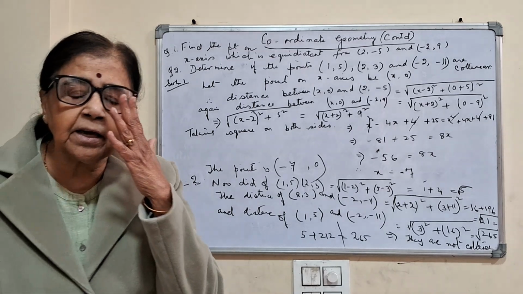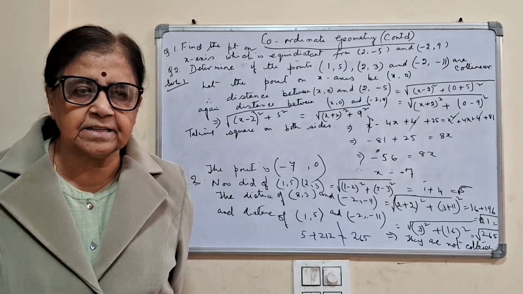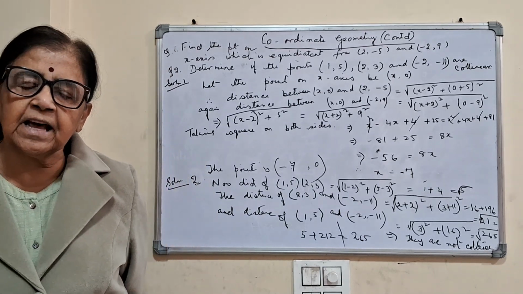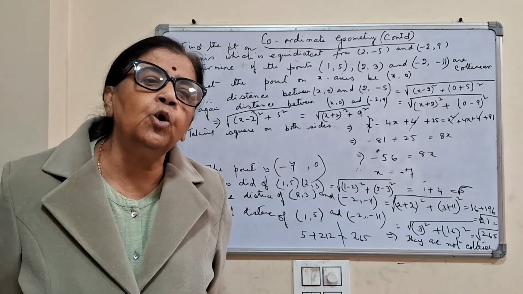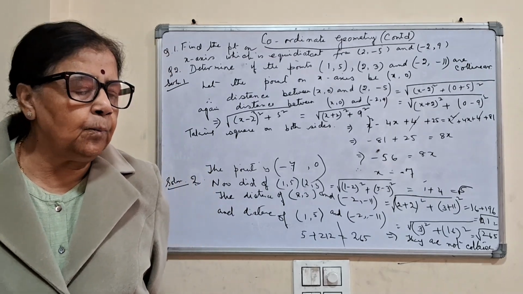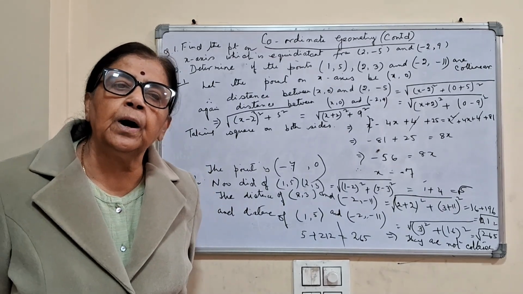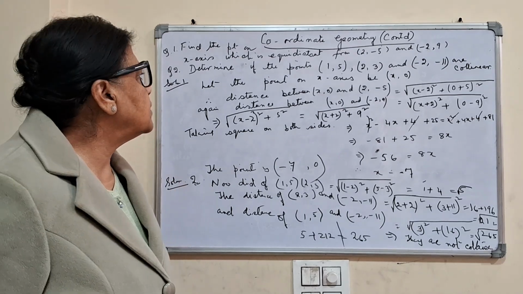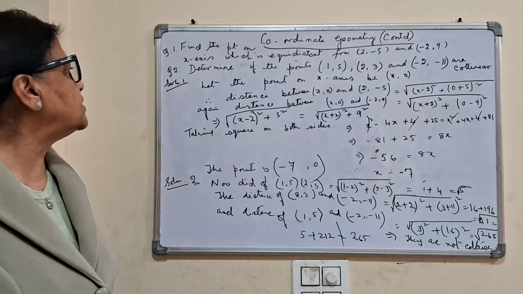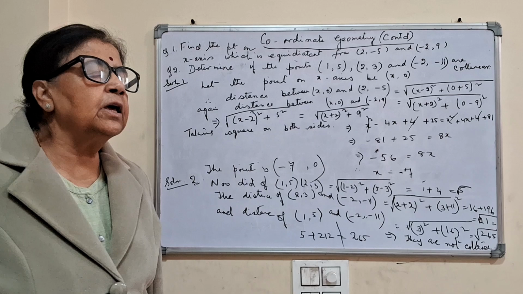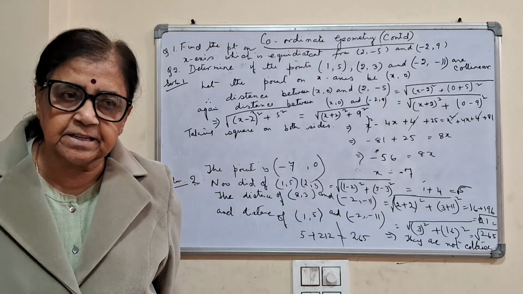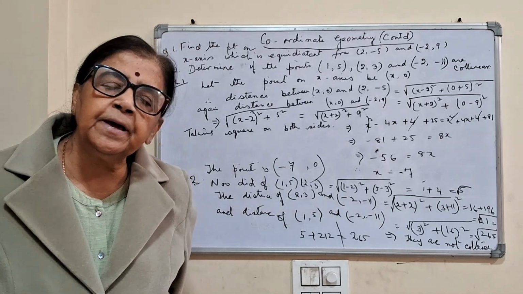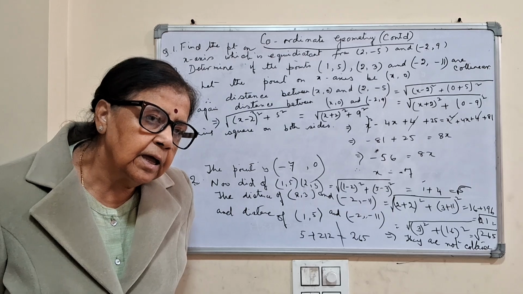Any point on the x-axis is (x, 0), and any point on the y-axis is (0, y). They are asking you any point on the x-axis, that is, let the point be (x, 0).